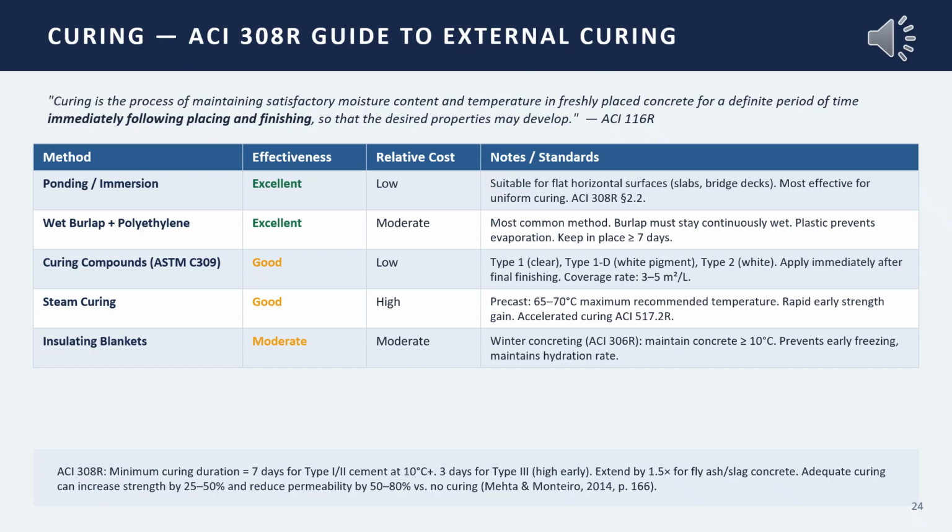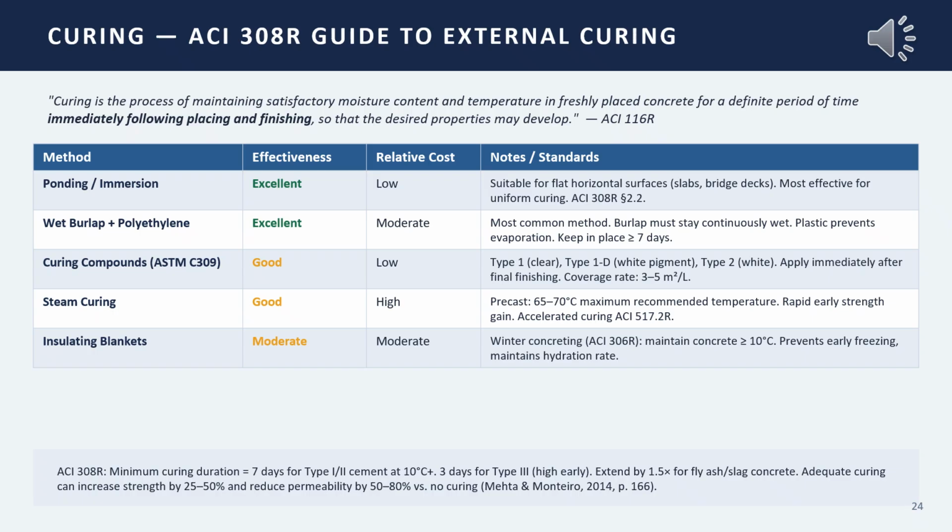So why is it so important? Remember, at the molecular level, cement hydration is a chemical reaction that requires water. If the concrete surface dries out prematurely, hydration stops in the near surface zone. The result is large capillary pores, and we have already established that large capillary pores means high permeability and poor durability.